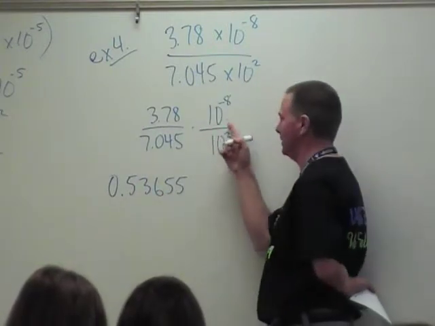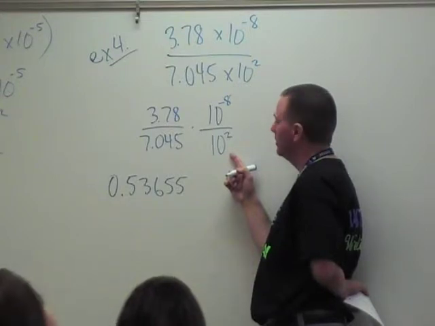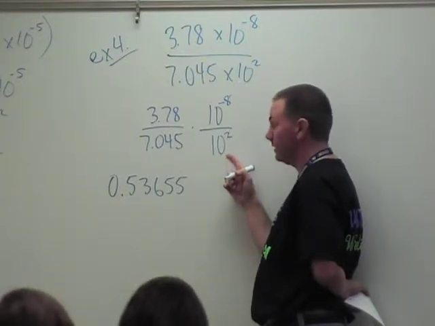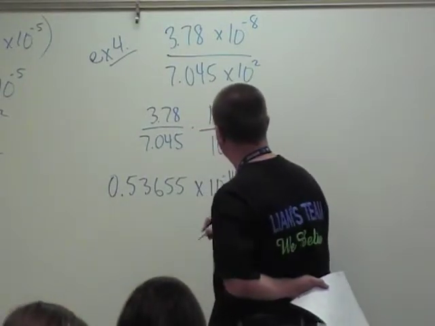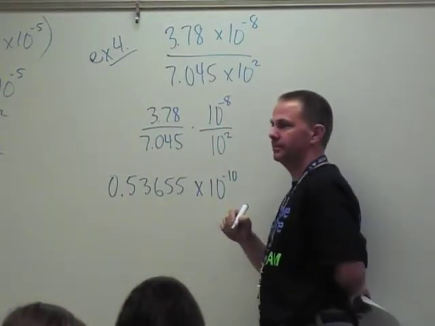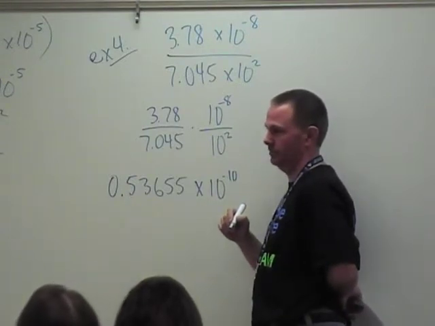All right, so Sophie, what is this? 10 to the negative... 10. Yes, that is right. Good job. You actually got it right. Are we done? No, because there's a 0 in front of the decimal.